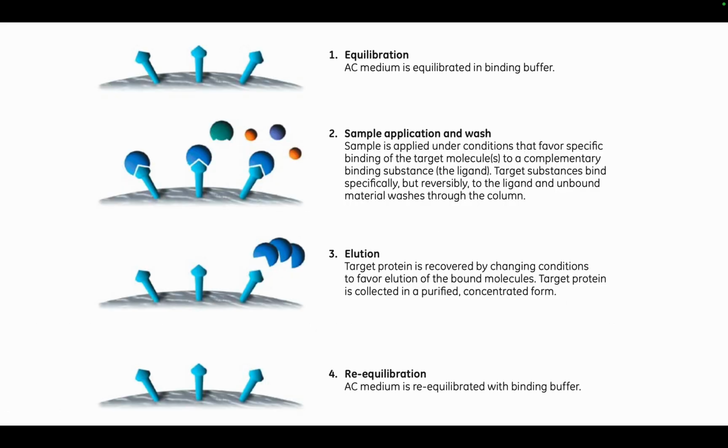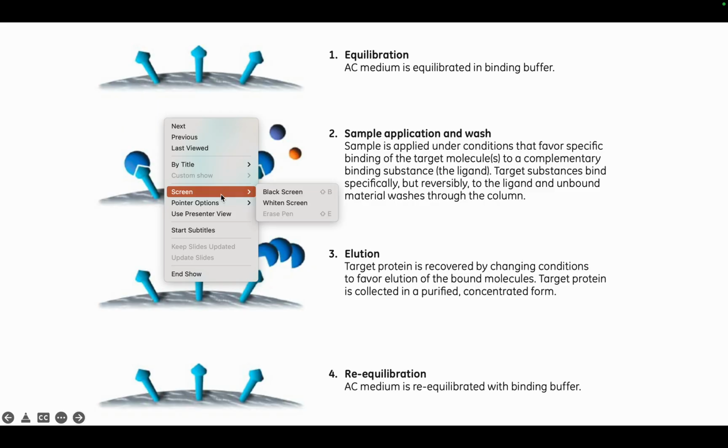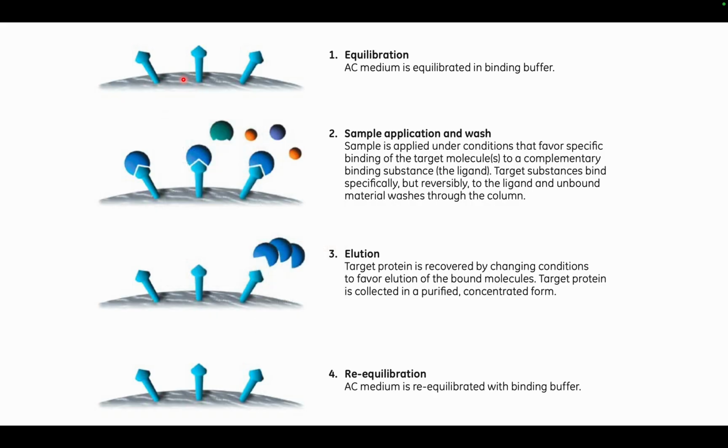So just in more detail, we already have in our stationary phase our matrix with this ligand on it. And first we will equilibrate it with the buffer that we are using for purification. Then we will go for sample application.